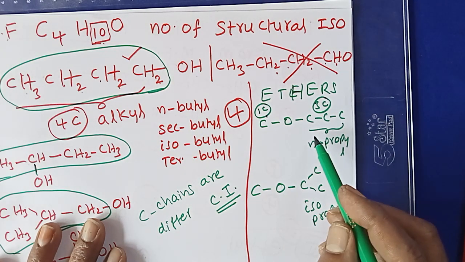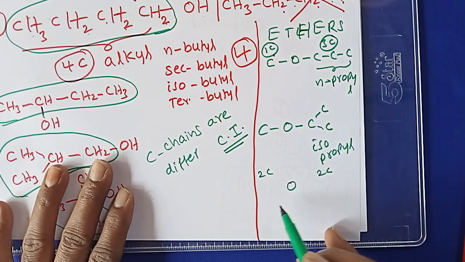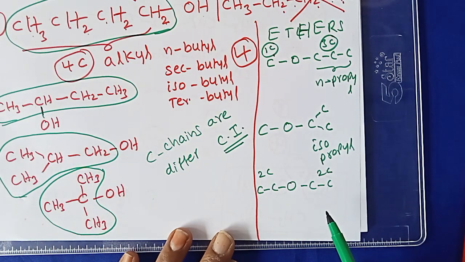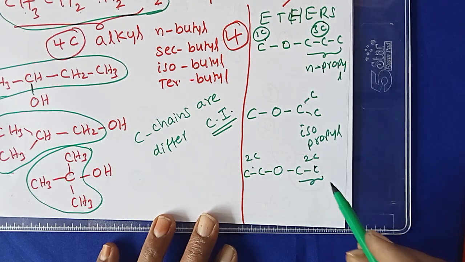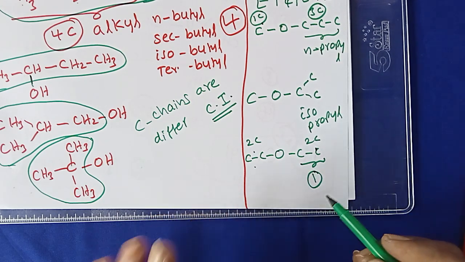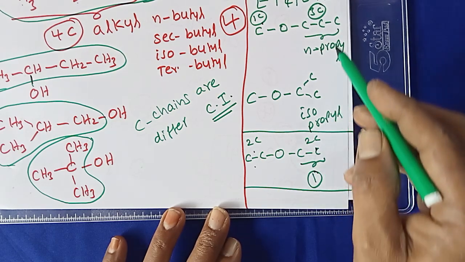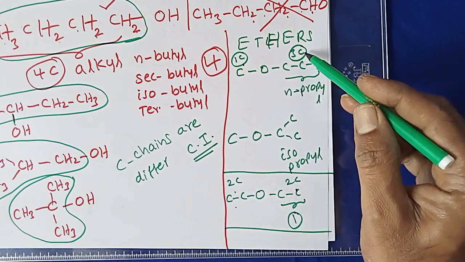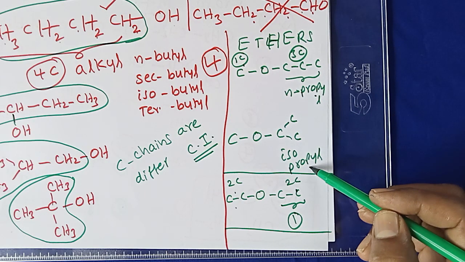Then 1 carbon you change here to here. So what is another ether here? 2 carbons, 2 carbons: carbon, carbon, oxygen, and here also carbon, carbon. Only one, because according to our basic rule, ethyl group has only one alkyl. This is one isomer only. But for propyl, two propyls are possible: one is n-propyl, another one is isopropyl.